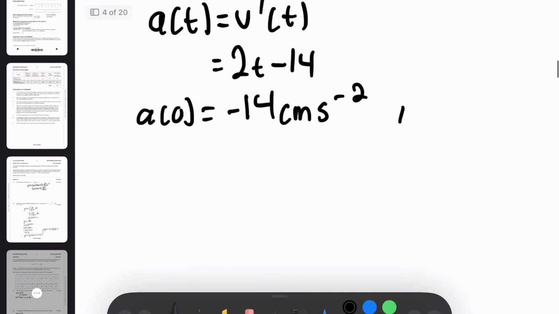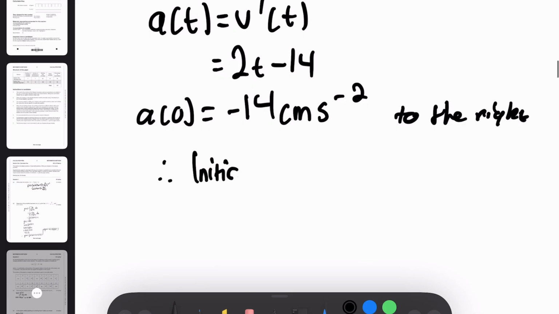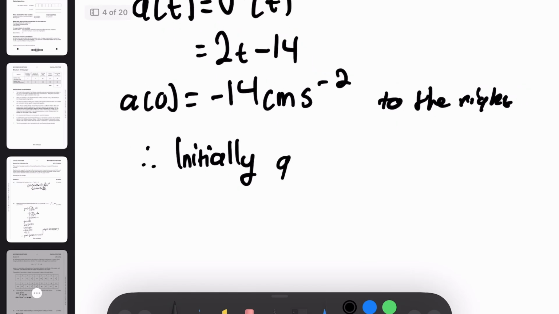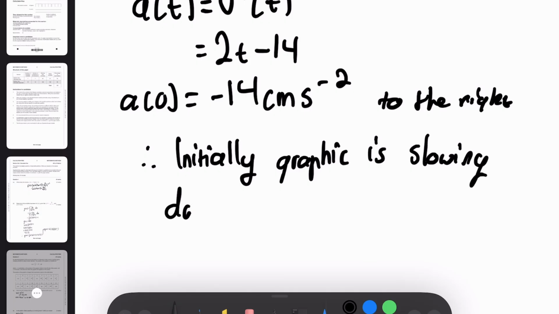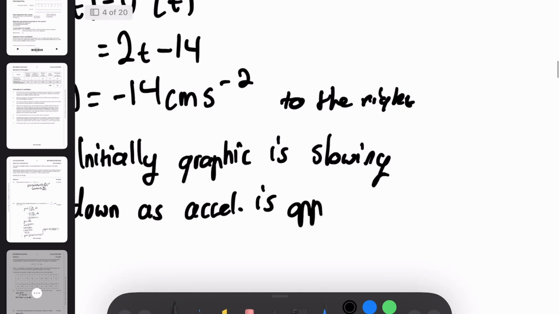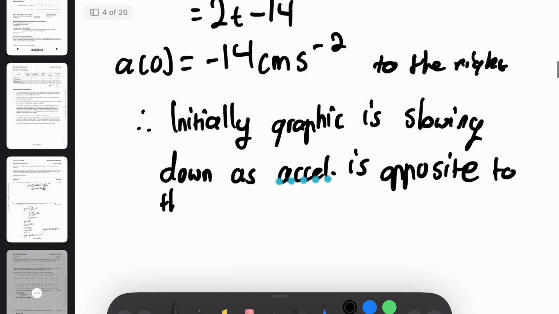Okay, to the right. Therefore, initially the graphic is slowing down, as acceleration is opposite to the direction of velocity.